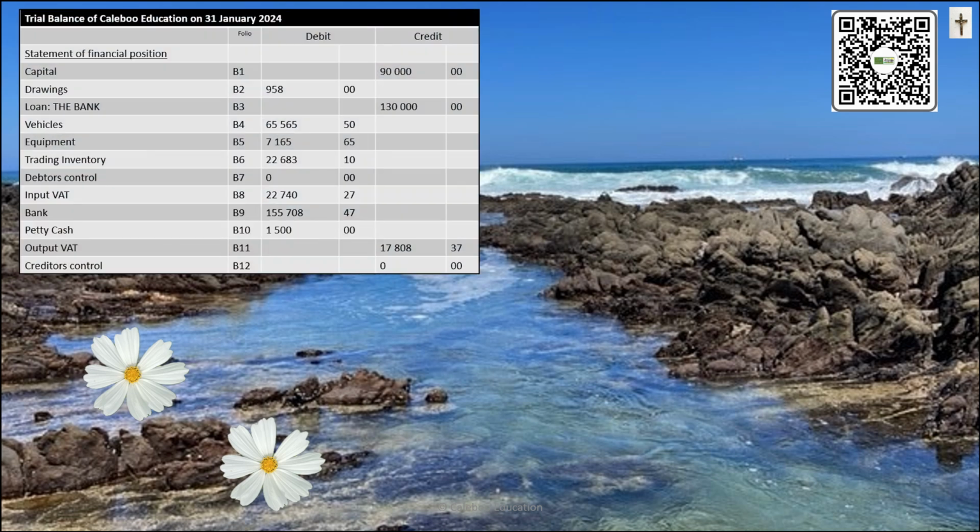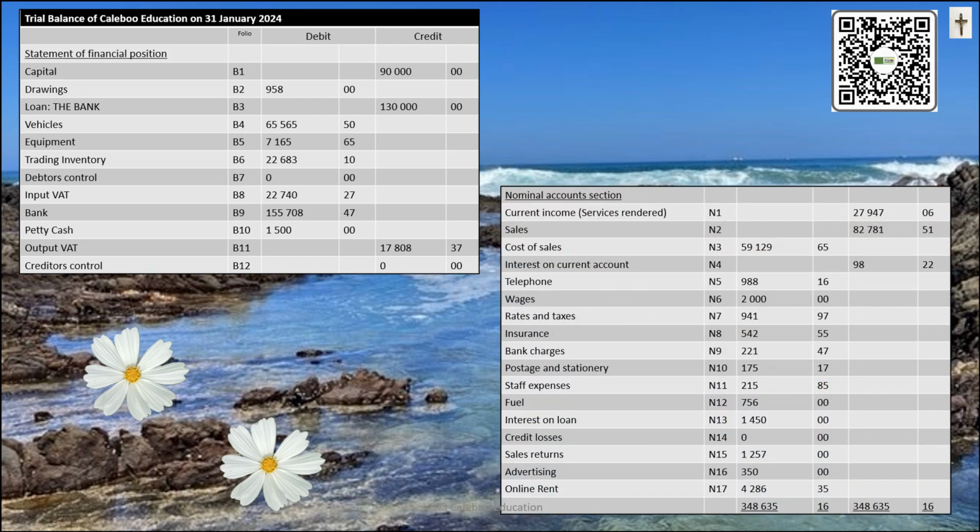I've included here, I just want to point something out, the trial balance of Calibre Education from January, the month before. Now remember, a trial balance is a summary of all the accounts' balances, and it's a checking mechanism, and you see if your debits equal your credits.